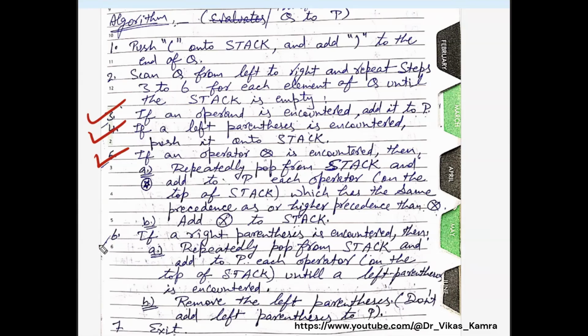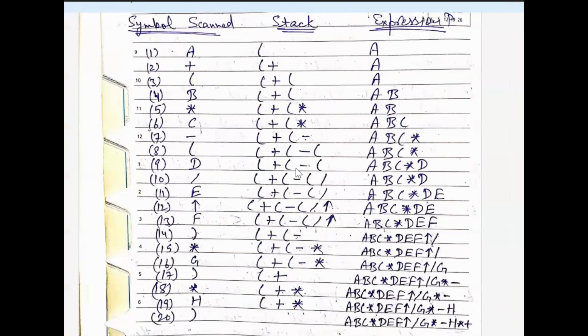Push and pop may happen, and if right parenthesis is coming, no push operation, only pop. So I have explained you the example here. So you can see the example once again, how it is step by step solved. Now you can see how we can convert a given infix expression into postfix expression. So this is very important question. All of you should study and understand it properly.